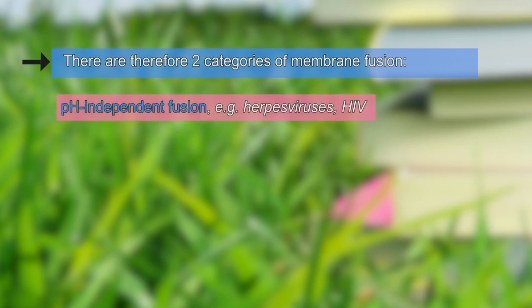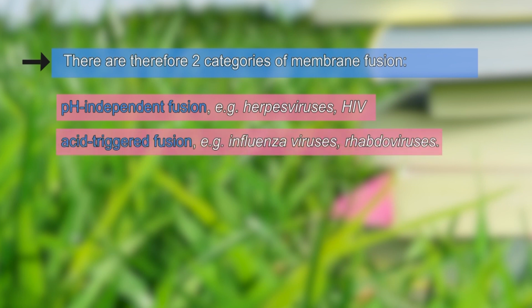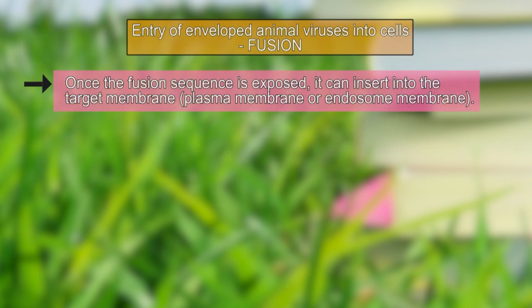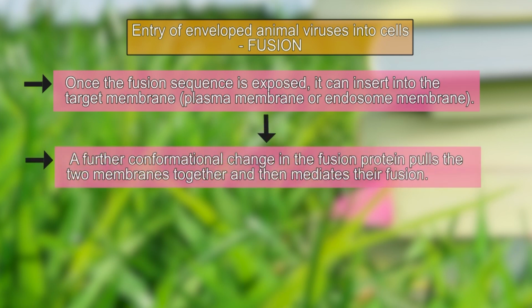There are therefore two categories of membrane fusion. One is pH independent, followed by herpes viruses and HIV, and another is acid triggered fusion, followed by influenza viruses, measles viruses, rhabdoviruses, etc. Once the fusion sequence is exposed, it can insert into the membrane, and a further conformational change in the fusion protein pulls the two membranes together.